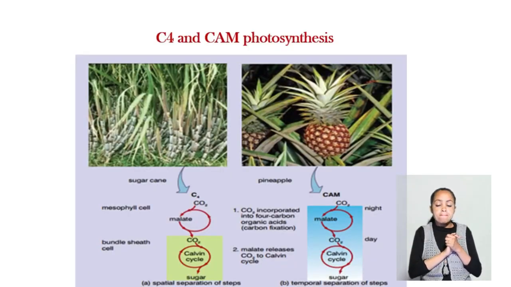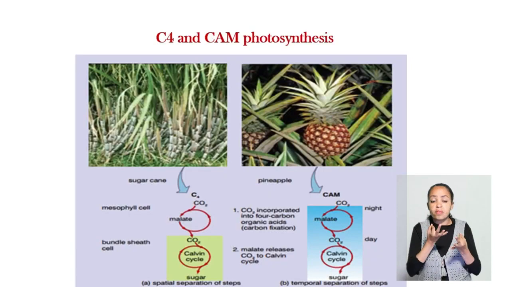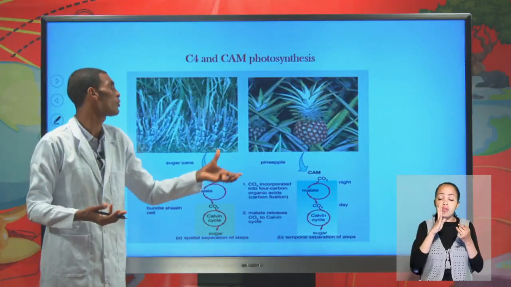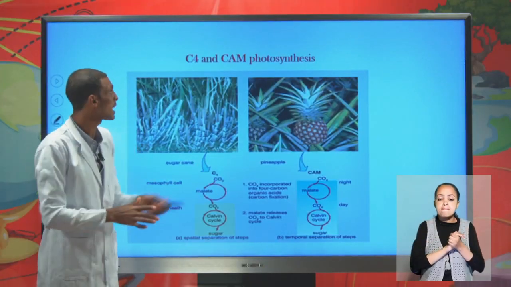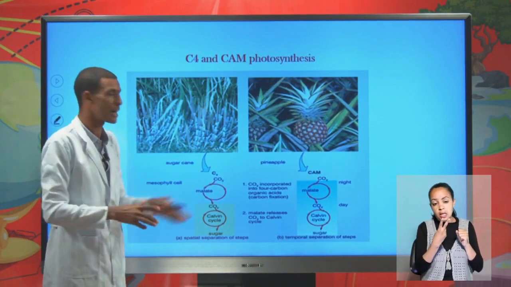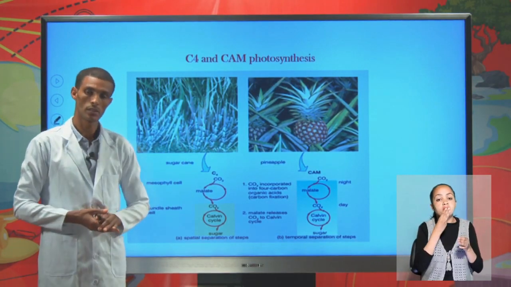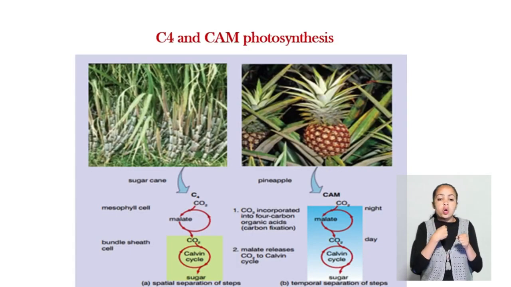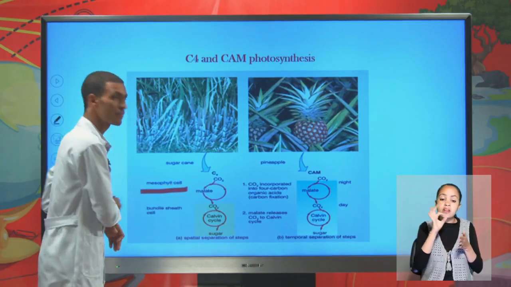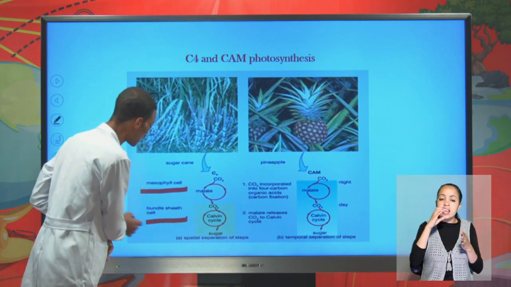Briefly, when we see the evolutionary adaptation of C4 and CAM photosynthesis, it can be observed in this manner. For example, sugarcane carries out carbon fixation in the mesophyll cell and the Calvin cycle in the bundle sheath cell.